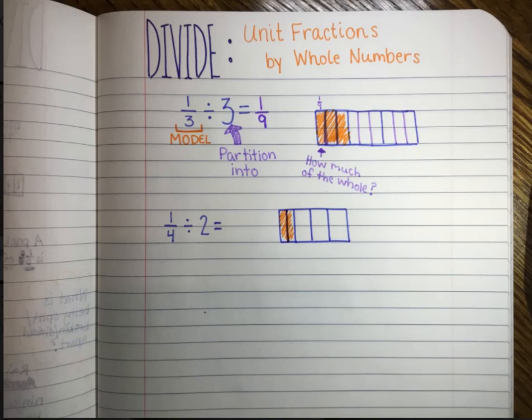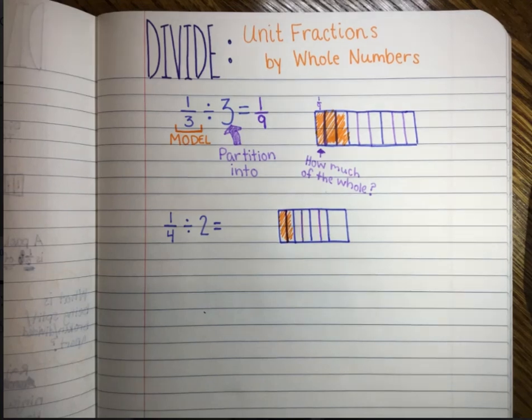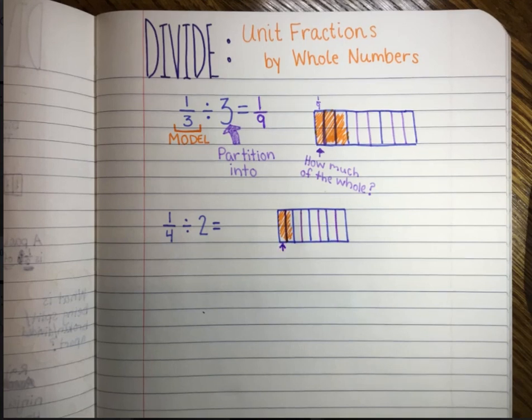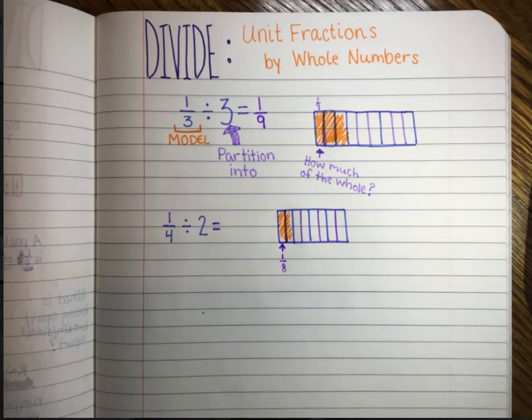But again, we need to make sure we have all the pieces of the whole the same size. So I'm going to partition each fourth into 2 pieces. And now, if I look at one of those pieces, that value of the whole is 1/8. So 1/4 divided by 2 is 1/8.